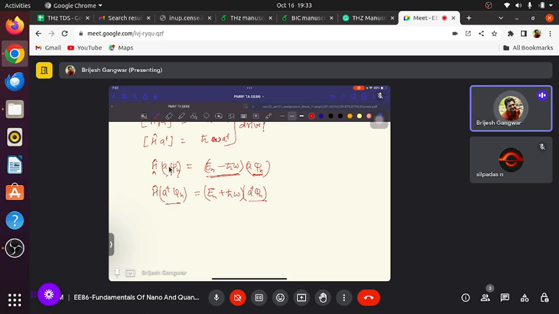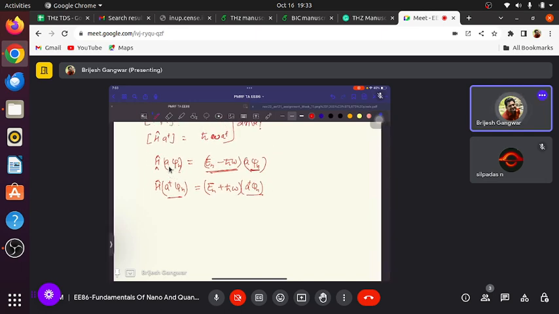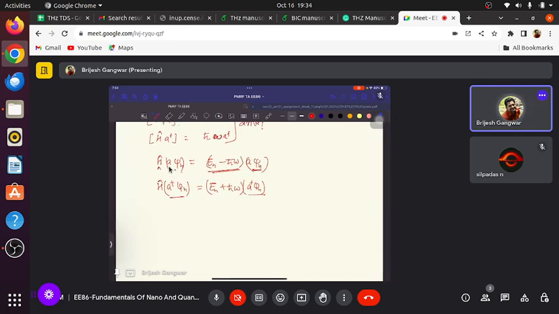Okay, so these relations show that a psi n and a dagger psi n are eigenstates of the Hamiltonian with eigenvalues E minus h cross omega and E plus h cross omega. So here the energy is decreasing when you operate, and here the energy is increasing. That's why it is called the annihilation or lowering operator, and the creation or raising operator. So the difference between adjacent eigenstates, the value by which it will decrease or increase, is h cross omega.